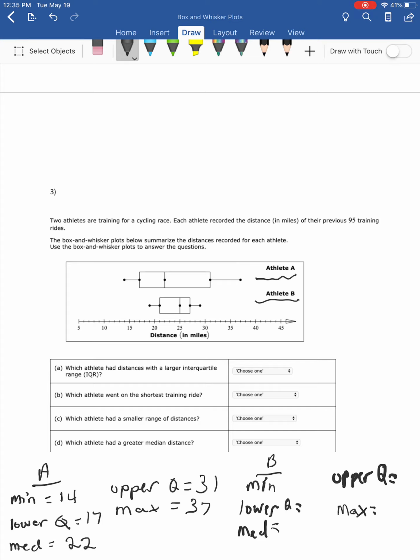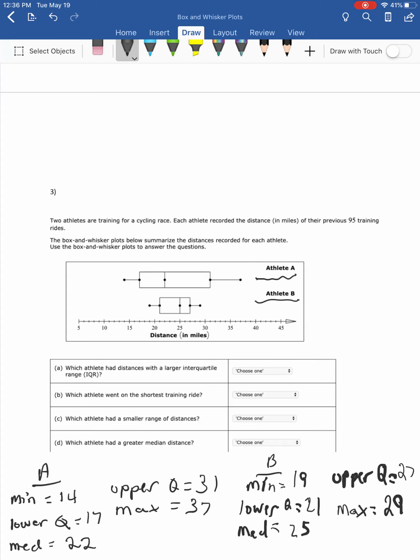Okay, so for athlete B, the minimum is 19. The lower is 21. Median is 25. The upper quartile is 27. And the maximum is 29.